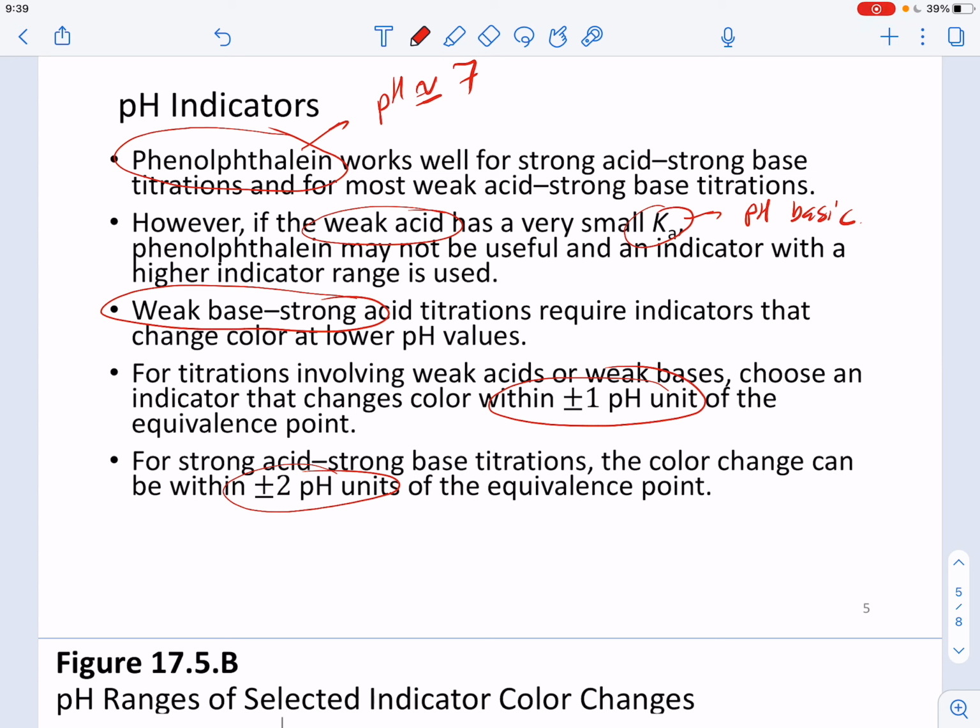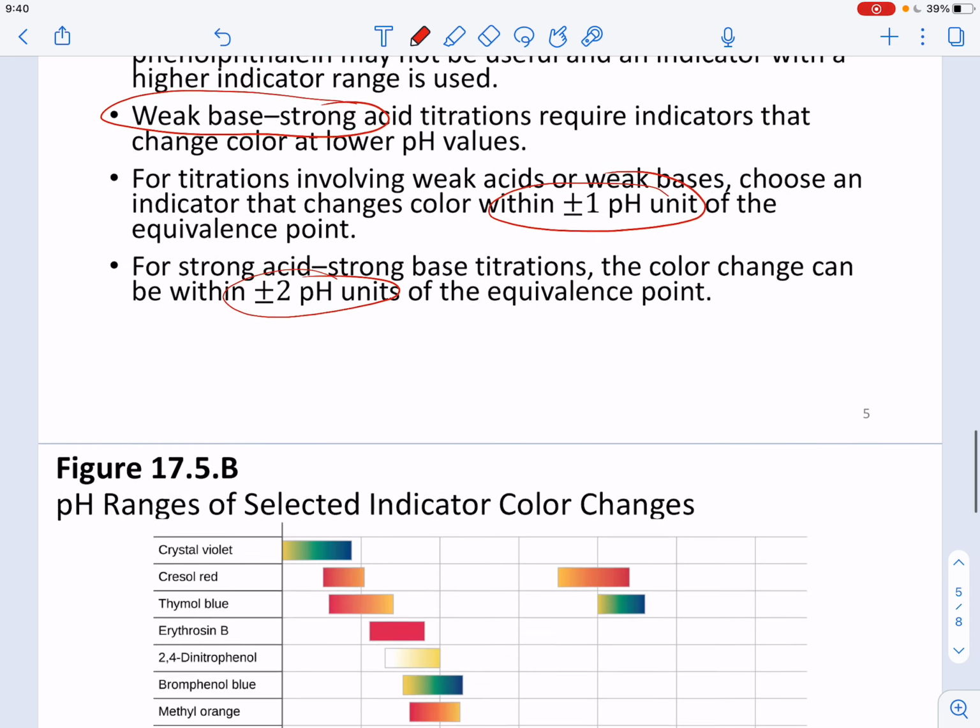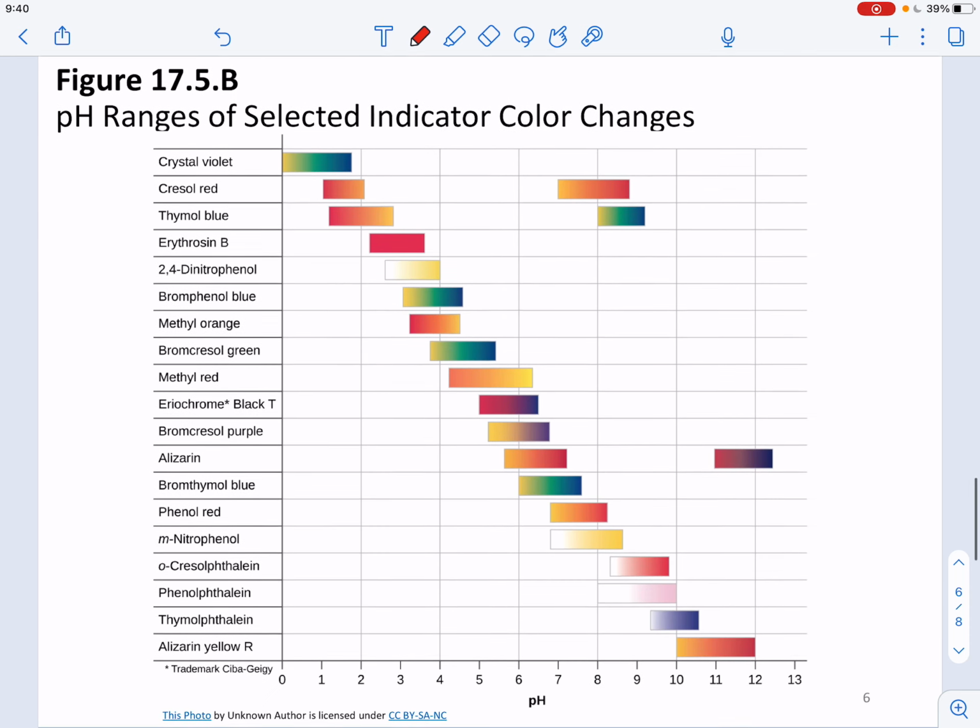That means indicators that will change color around pH 9 or even pH 5. Then you can possibly use those as an indicator for strong acid, strong base titrations. Okay, so here we have several indicators.